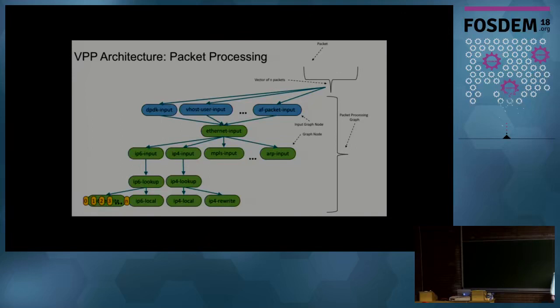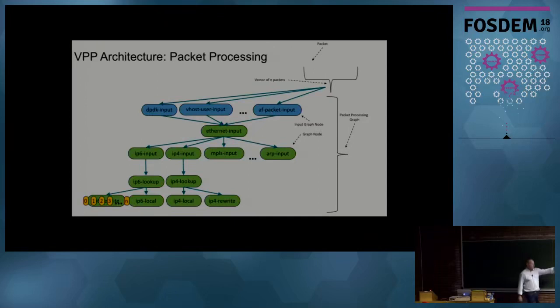So when packet 0 is processed, there is a very low probability of having the code of IPv6 rewrite in the instruction cache. But the beauty of this model is that packets 1, 2, and 3 will all benefit from the cache warm-up which was done for packet 0. That is really fundamental in VPP.